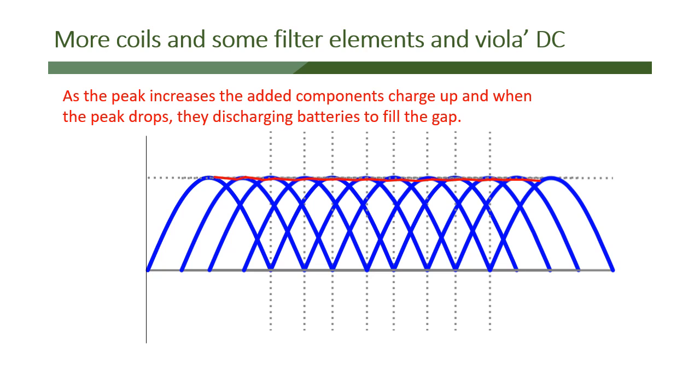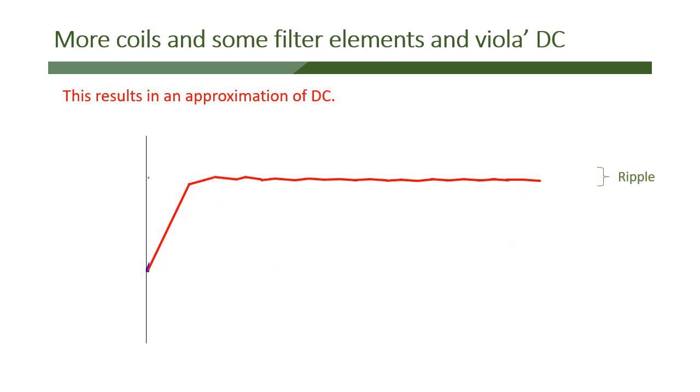And if we do that enough times, we can begin to get an approximation of a DC signal output. And that little bit of ripple is actually considered an indicator of the quality of the conversion from AC to DC. Now again, this is not in your book, it's a little bit more detailed, but this gives you an idea of how we convert AC to DC through a DC generator, okay?